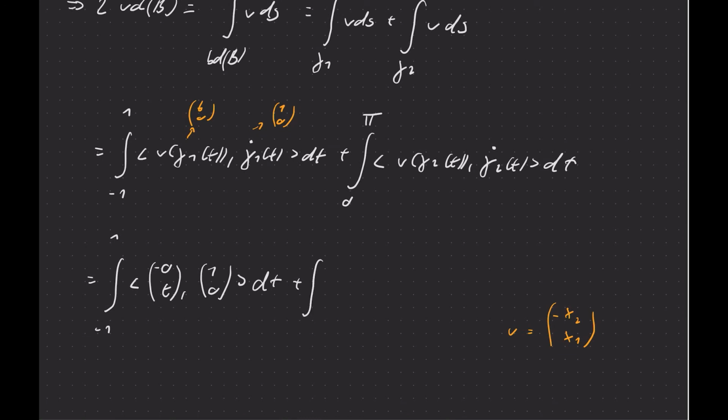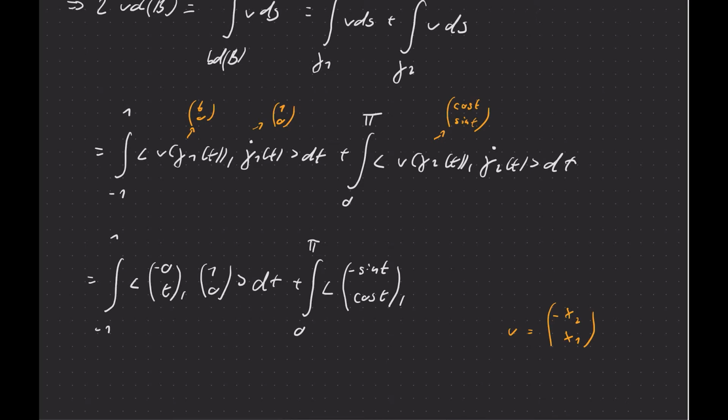plus integral from 0 to pi. Gamma 2, remember that was cosine of t, sine of t. So if we substitute that into the vector field v, we flip the order of the coordinates, plus the first one gets a minus sign. So we have minus sine of t, cosine of t.